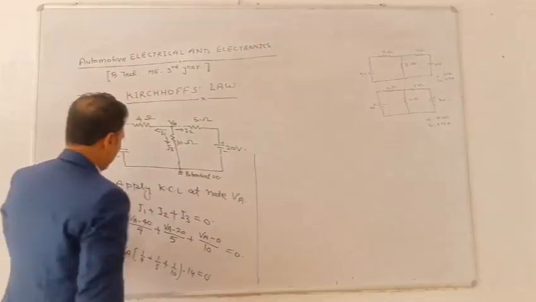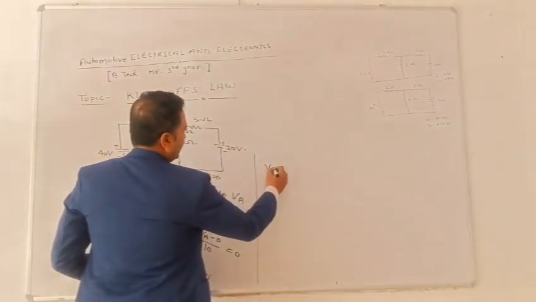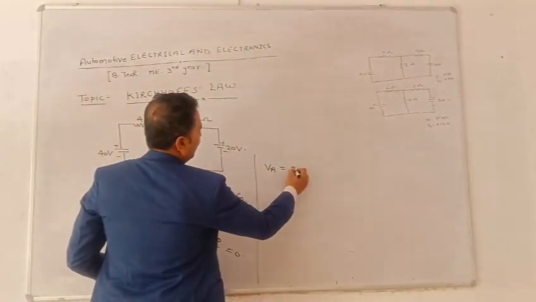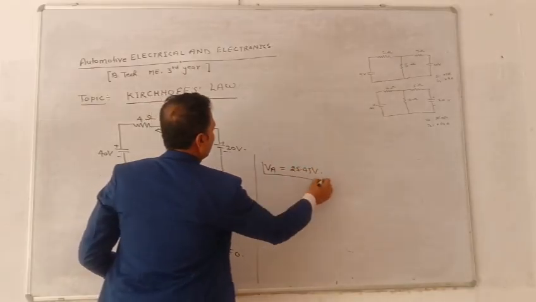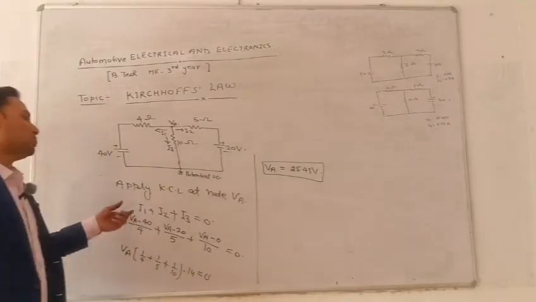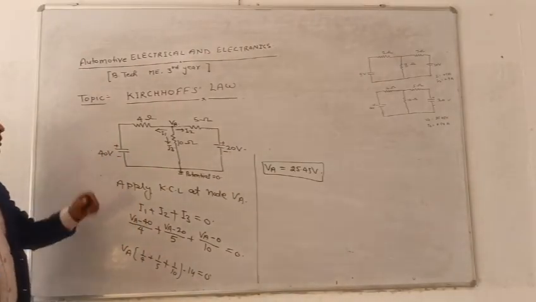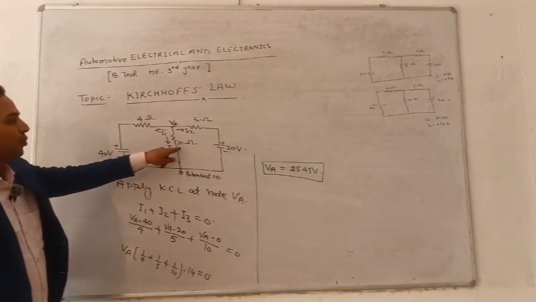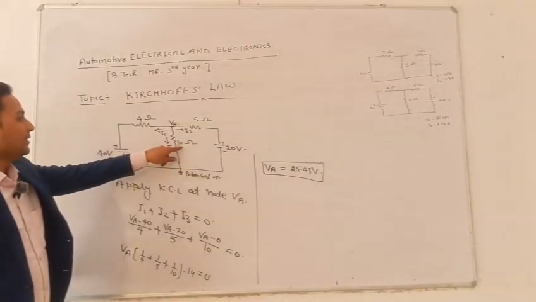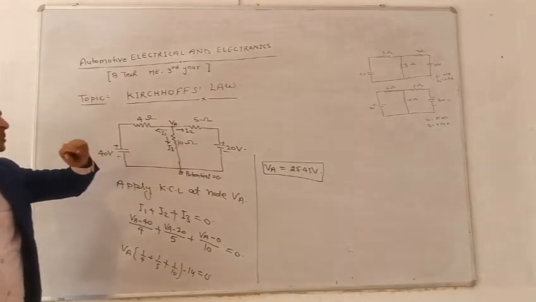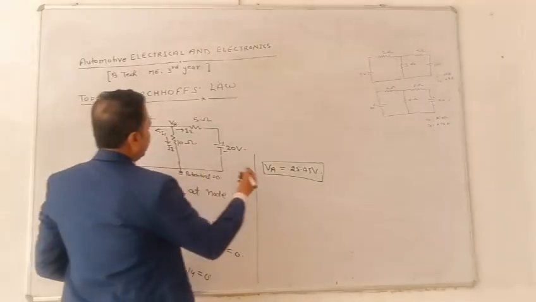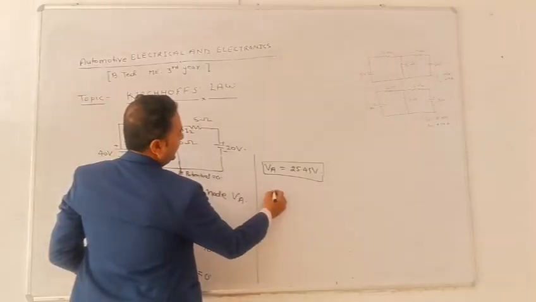After solving this equation, VA is equal to 25.45 volt. What is the question asked in this numerical? What is the current flow in the 10 ohm resistance? So in the 10 ohm resistance, how to calculate the current?